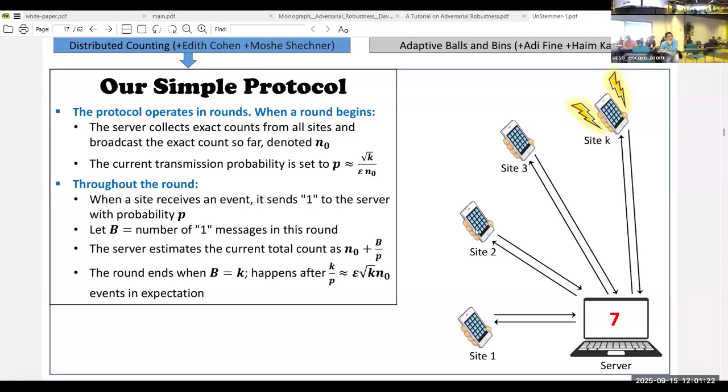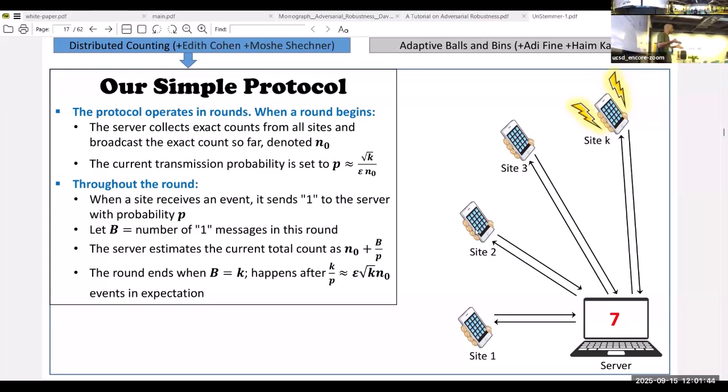Then during the round, whenever a site gets an event, it flips a coin, and with probability p, it sends the message 1 to the server. Otherwise, it stays quiet. Okay. And so throughout the round, let's denote by capital B the number of 1 messages that the server has got from the beginning of the round.